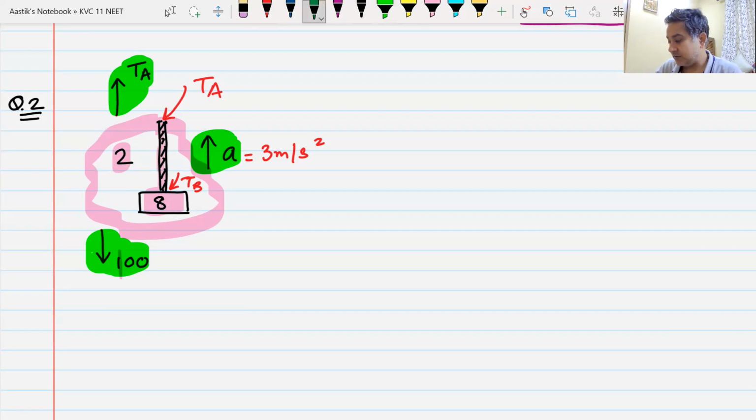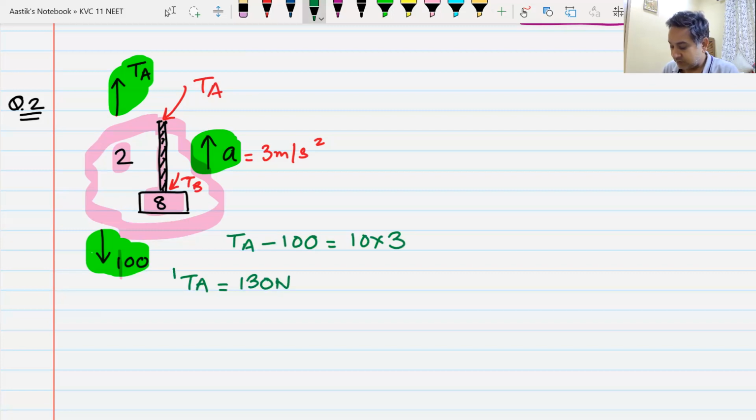Tension at point A, T_A, minus 100 is equal to 10 into a, which is 3. So what is the value of tension at point A? 130 newtons. Do we get this?